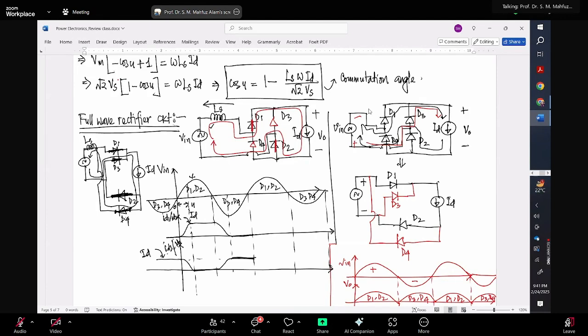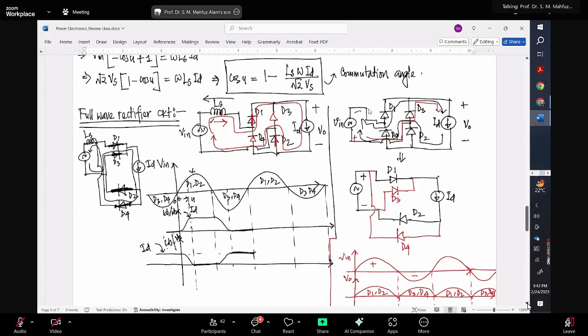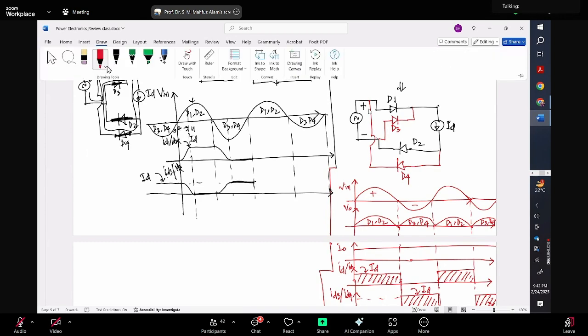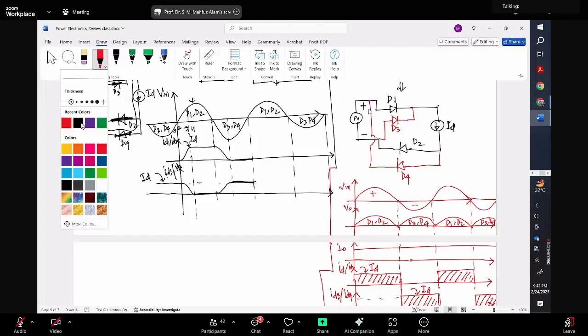So what will be the direction of the current then? In this direction, right? So will there be the same direction of current, or will the current direction change? What do you think? It is the same.